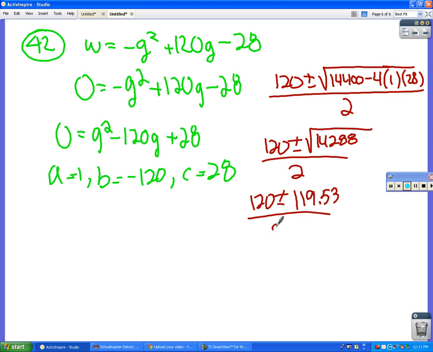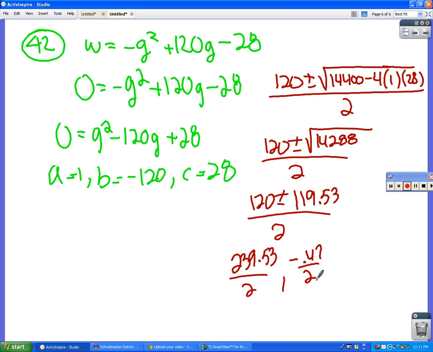Thank you. And that's still divided by 2. So now if I go 120 plus that, I get 239.53 divided by 2. If I go 120 minus that, I get -0.47 divided by 2. But this problem is asking us to figure out how many things we should produce, right?